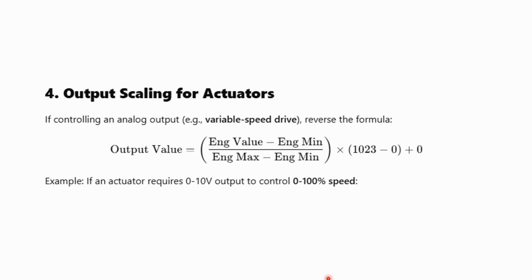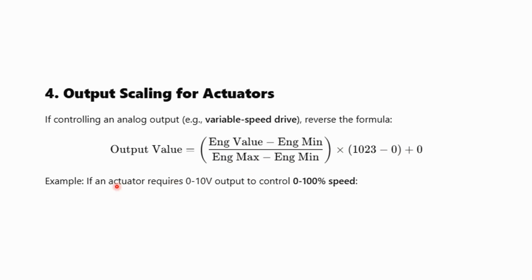All right, now output scaling for actuators is pretty similar. Say you're controlling an analog output for a variable speed drive. You basically reverse the formula, and your output value is going to be equal to the engineering value minus the engineering minimum value, all divided by the engineering max minus the engineering min, and then multiplied by your raw max minus the raw min, plus the raw min again.